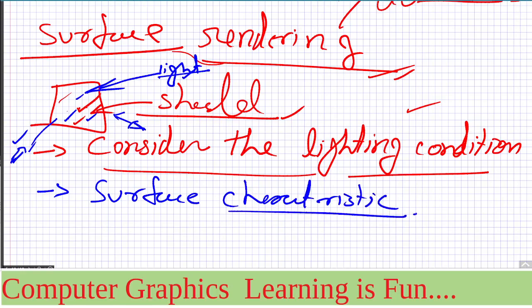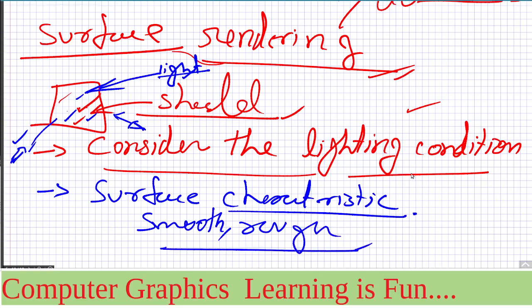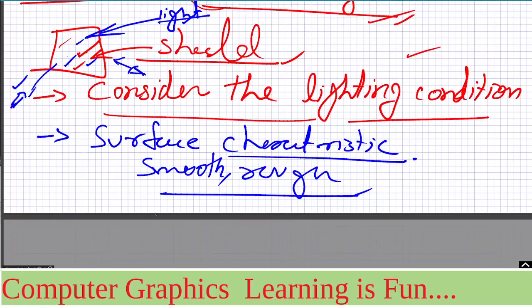What can be the surface characteristic? Whether it is smooth or rough, whether it is transparent or opaque.